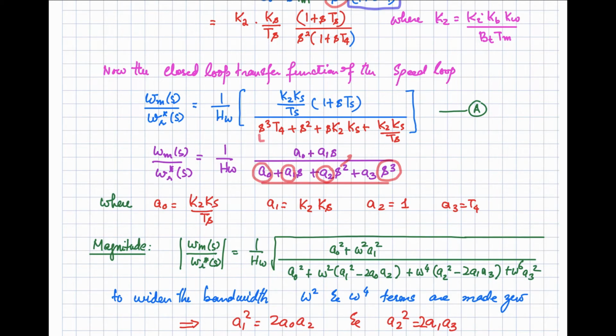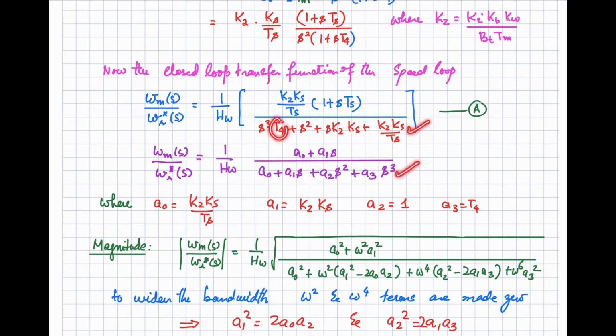So in generic we can represent this polynomial like that, and similarly we can represent this numerator in generic like this, that it's a first order polynomial, and the coefficient of s is a1 and the constant is a0.